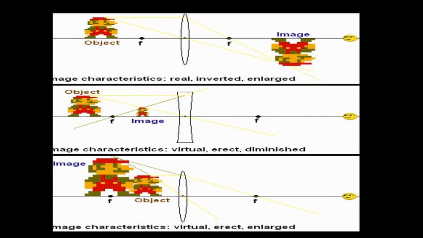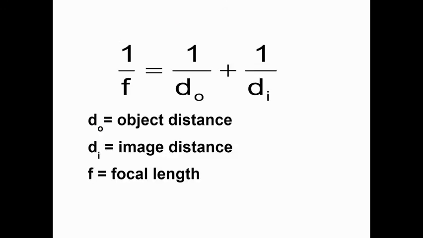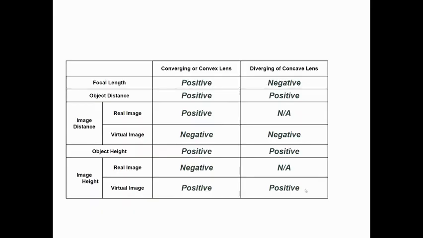Here are some examples of convex and concave lenses producing real and virtual images. And this chart lists out all of the possibilities. Here's our lens equation. This is a chart of all of the sign conventions.